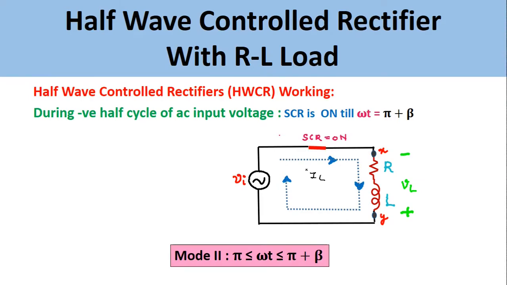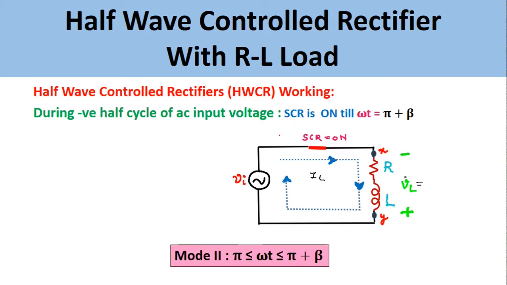So the inductive load tries to oppose the change in current by inducing a self-induced EMF across the load, which is represented by VL. This VL represents the self-induced EMF, and the polarity of the self-induced EMF will be opposite to that of the supply. That means the lower terminal will be positive and the upper terminal will be negative.